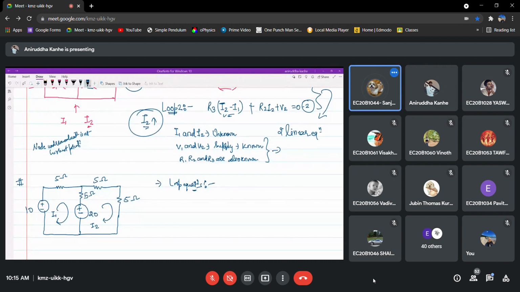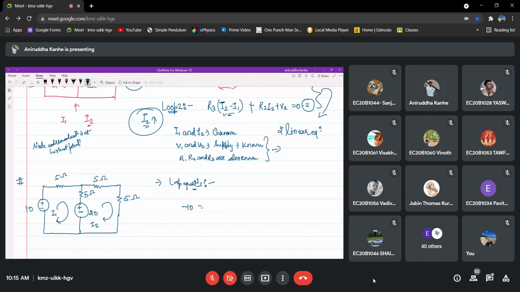Minus 10 plus 5 into I1. Now what about this? Plus 5 into I2. See here, two current components are coming together. So it is plus 5 into I1 minus I2. Why is it happening?